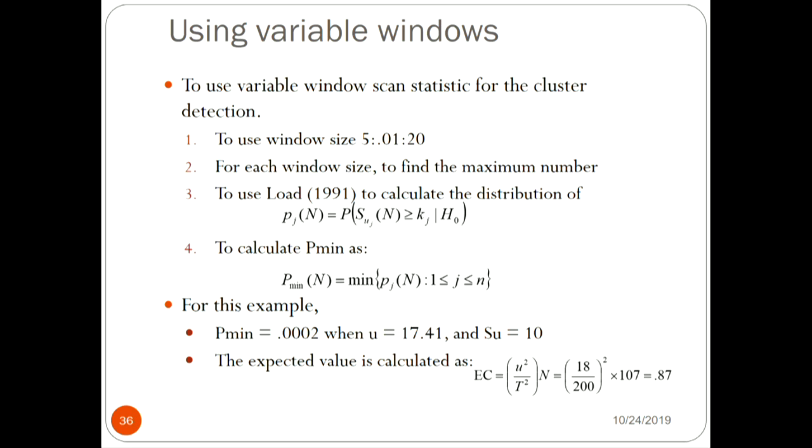What is the expected number in a moving window of a size about 18 here? We can calculate the expected value is about 0.87. So the observed value of the scan statistic, or just the observed count, compared to the expected count is very high here. So the test is quite significant.